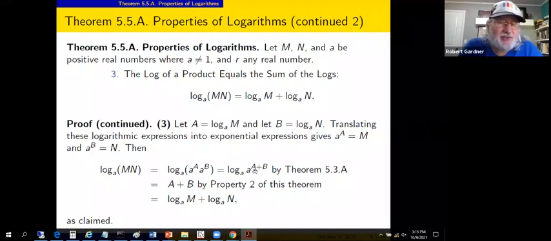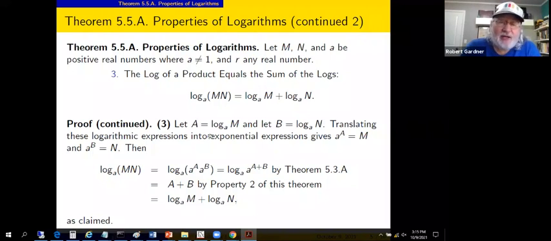It's not cancellation, it's composition of inverse functions, but the outcome is the same as cancellation. The log base a and the a to the whatever power work together to produce an identity function. They disappear, and you're just left with the exponent. That's what property 2 said. And so we're left with A plus B.